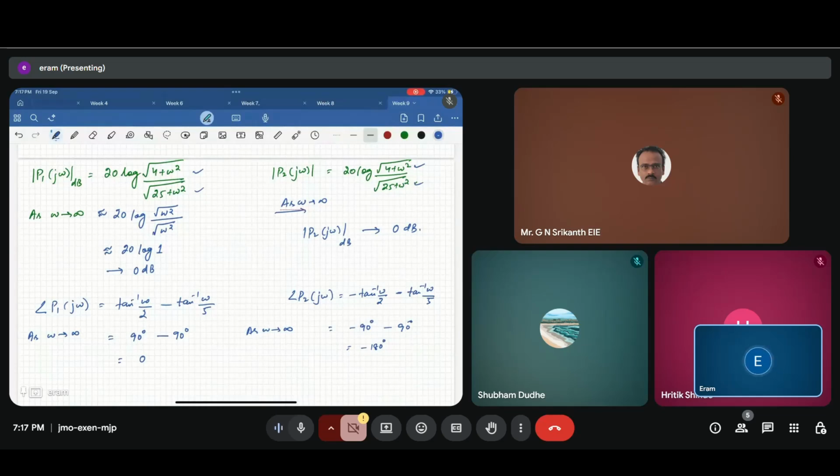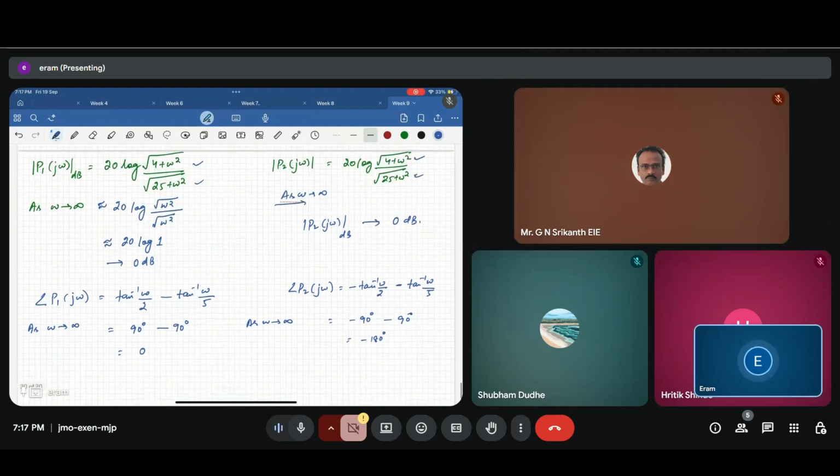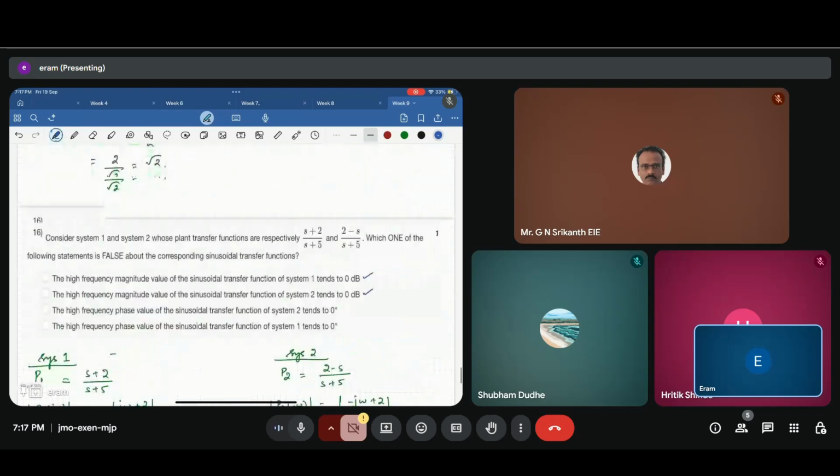Okay, my screen is visible. Okay, so for system 1, as frequency goes to infinity, the phase is 0 degree, and for system 2 it is minus 180 degree. Okay.